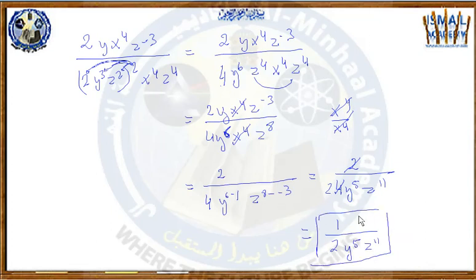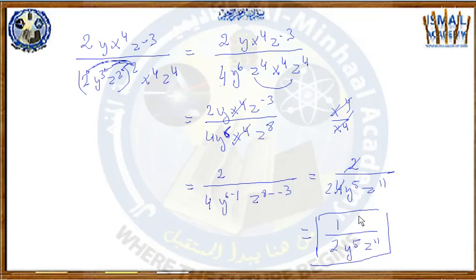I have a question. What if the exponent is 0? What do you mean? If you have an exponent 0, like it's not 1. No, you cannot have exponent 0 at the end.